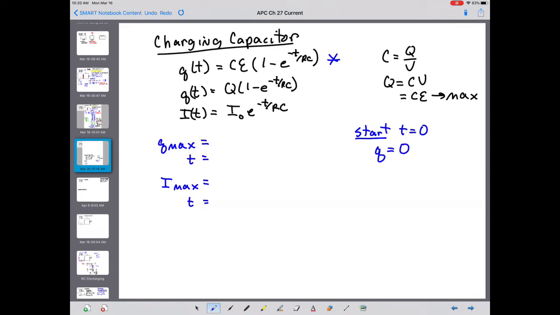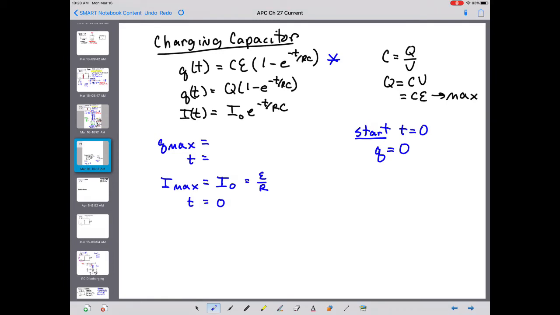So that reinforces 0 charge. Now, in your I of t equation, when you plug in a time of 0, e to the 0 is 1. And so your maximum current, I naught, which would be your EMF over R from Ohm's law, is going to occur at a time of 0.